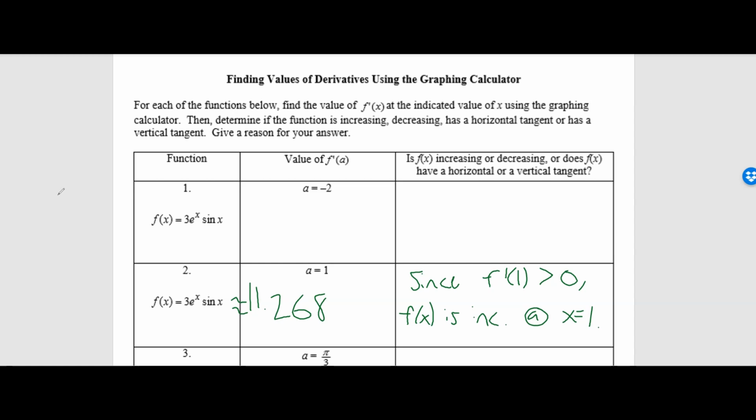If you're spending extra time doing this by hand when the calculator could do it for you, then we're not being super efficient. So look for opportunities to use the calculator. You, of course, need to know how to do these derivatives by hand, but sometimes the calculator is allowed, and when it is, we should take advantage of it.